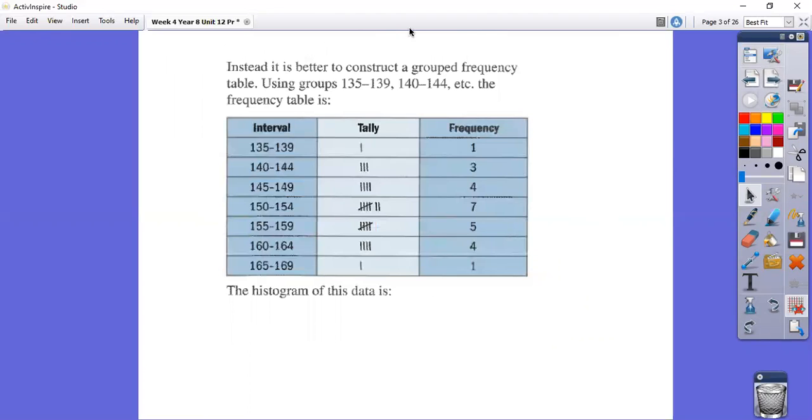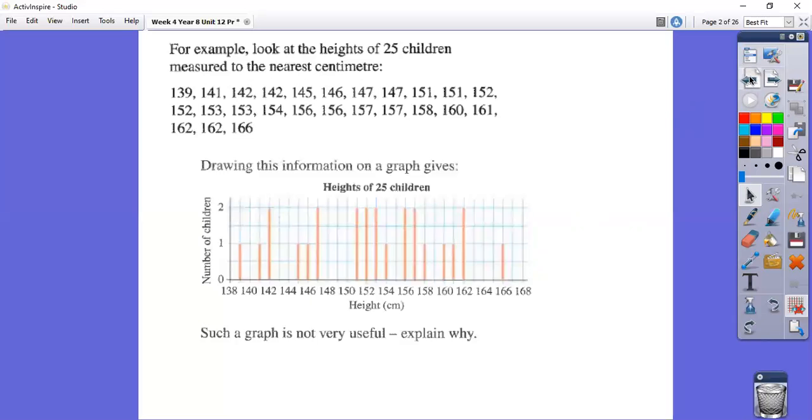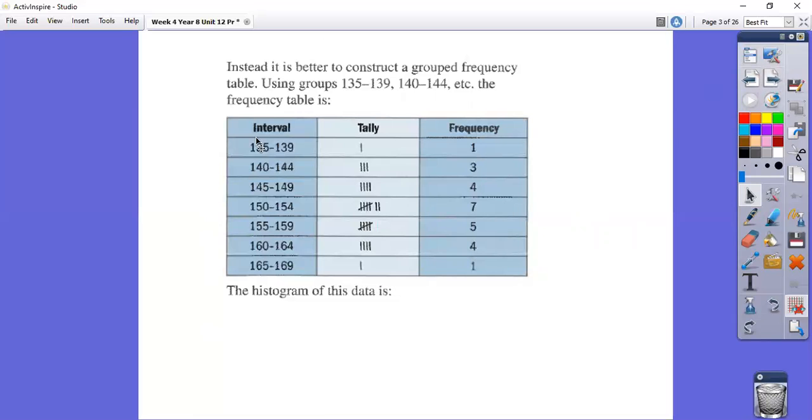So, to make this information more useful, it's better to construct a grouped frequency table. Where we've got all this information, instead of drawing it individually for each piece of data, it makes more sense to group it into what we call class intervals.